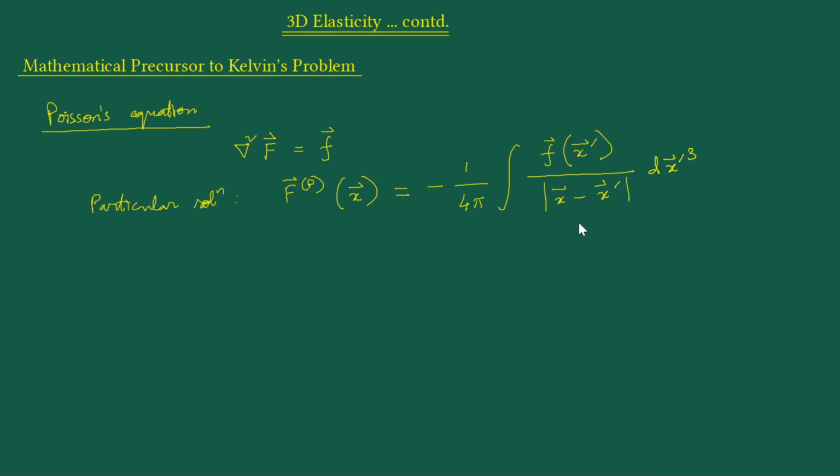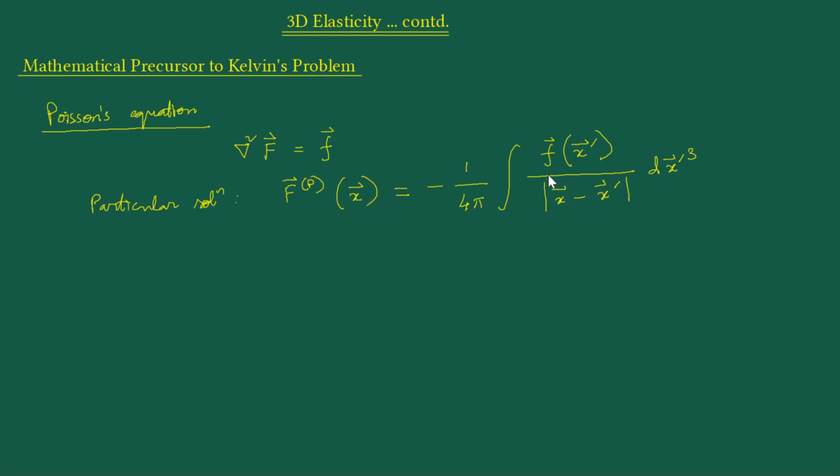Okay, so this is rather complicated looking, but let us just break it down. This entire integration is taking place with respect to a dummy variable for the integration purpose, which is this x dash. There is a vector of course, but this is the prime variable. This is not this variable. This x vector is only present in the denominator here.